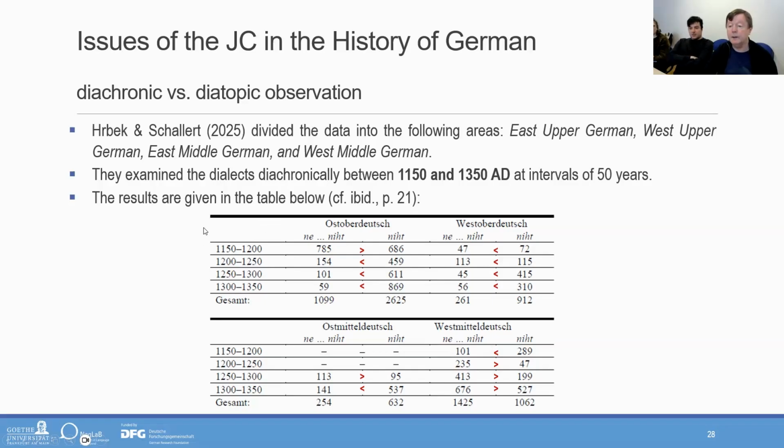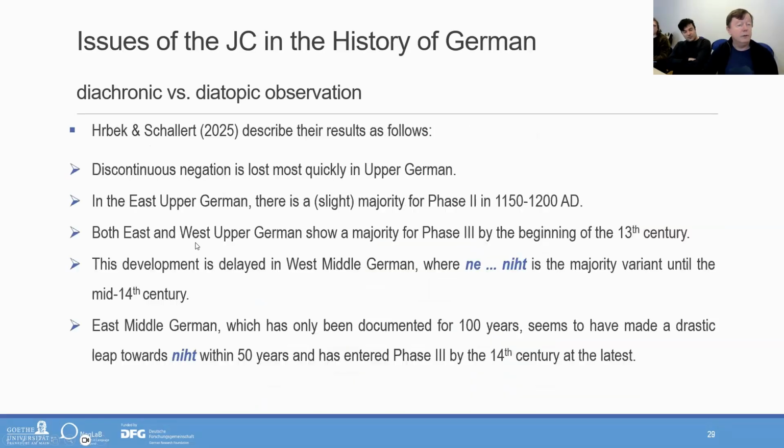And they investigated the dialects diachronically between 1150 and 1350 at intervals of 50 years. And the results in numbers are given in the table below. The main results are that the discontinuous negation is lost most quickly in Upper German.